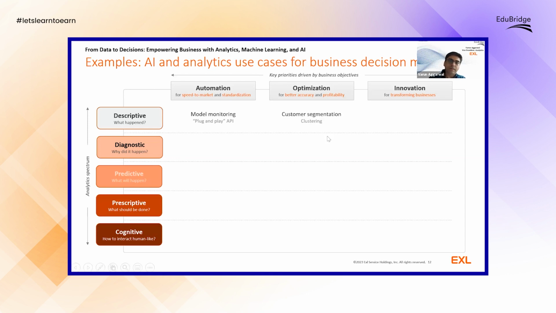If we take another example of optimization under descriptive analytics, that would be customer segmentation. So we need to basically understand how different customers are behaving differently so that we can give the right treatment to specific sets of customers. And that requires application of clustering. Right? So if you're able to segment your customers well, you will be able to treat them better.